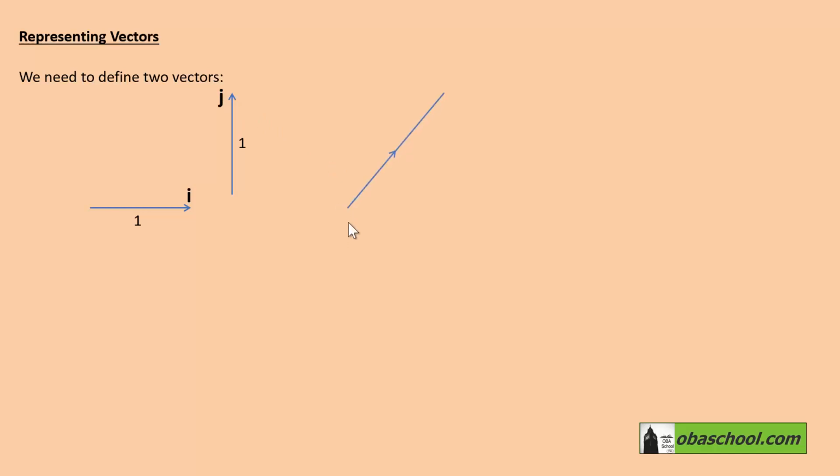In 2 dimensions, we can represent any vector using these two. So consider this one. Let's call it P, and let's say that it's 2 units across this way and 3 units up. So we go 2 this way and 3 up, and therefore we can say that P is 2i plus 3j.